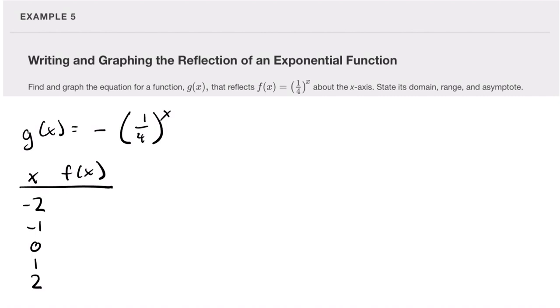So when x is negative 2, that's 4 squared. 4 times 4 is 16, times a negative gives us negative 16. Because remember, our graph should be flipped vertically over the x-axis. When x is negative 1, we get negative 4. When x is 0, we get negative 1, and then negative 1/4, and then negative 1/16.